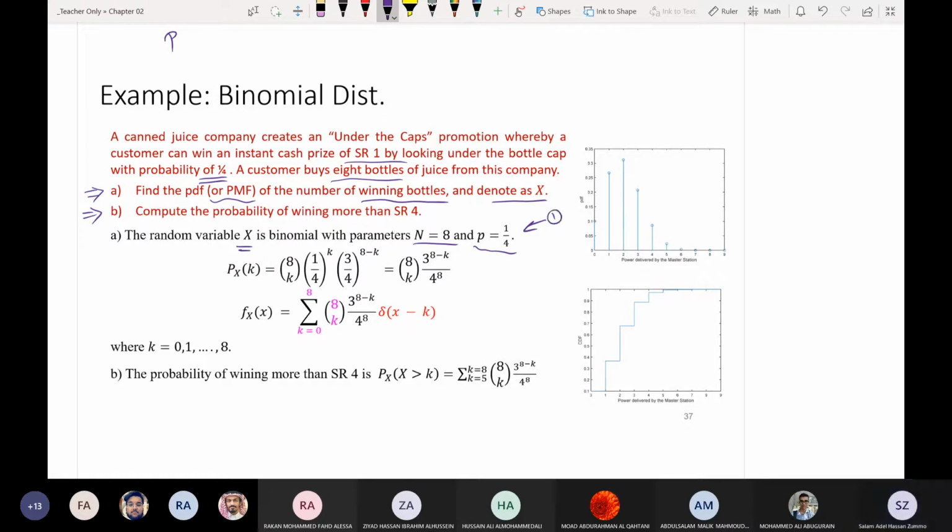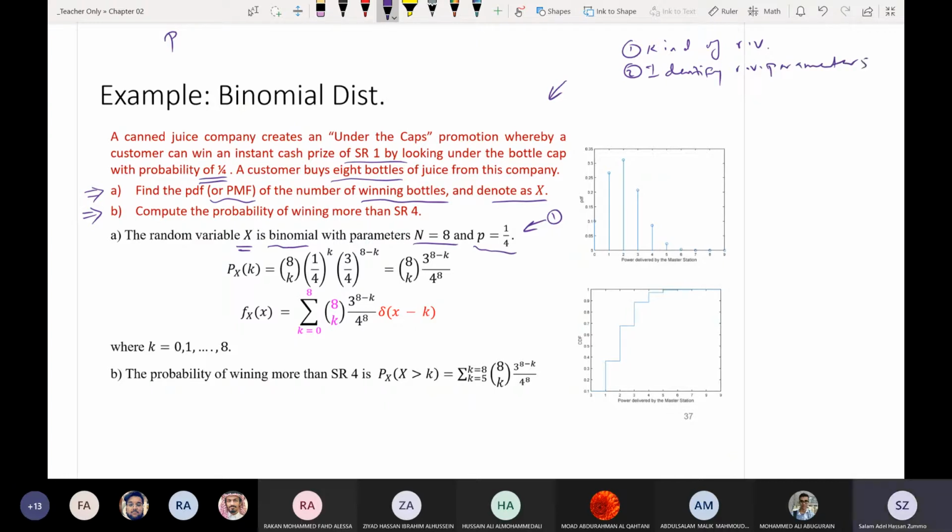Step number 1: in general, you need to understand the problem, which kind of random variable can solve it. Step number 2 is to identify the random variable parameters.